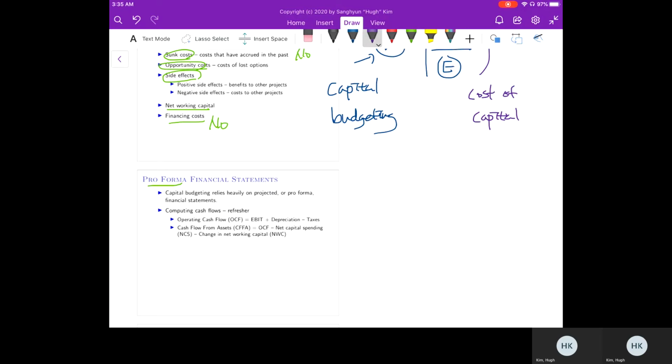OCF, operating cash flow, is equal to EBIT, earnings before interest and taxes, plus depreciation minus taxes. And cash flow from assets is OCF minus net capital spending minus change in net working capital.